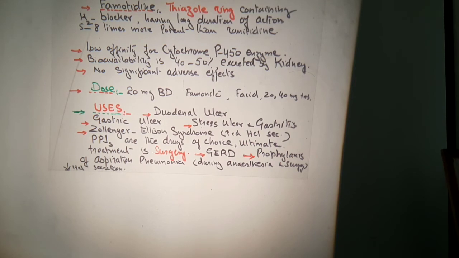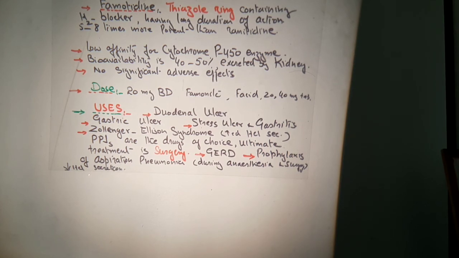Now there is another disorder known as gastroesophageal reflux disease, in which there is reflex formation of HCl again, that is GERD. So prophylactically these drugs should be given to the patient to inhibit GERD.